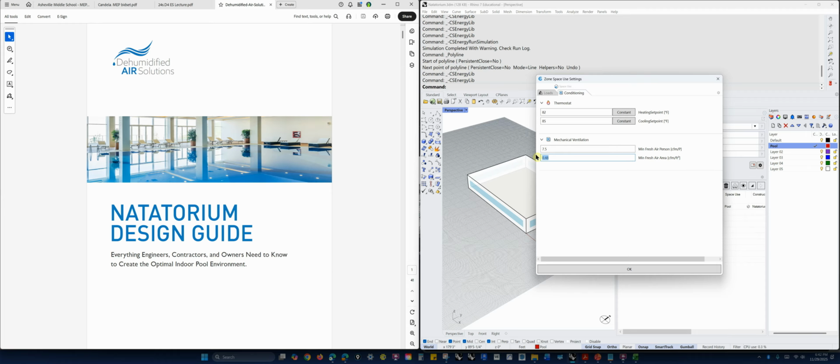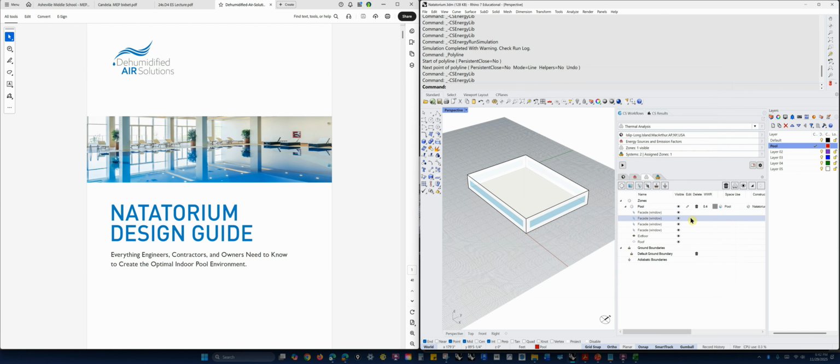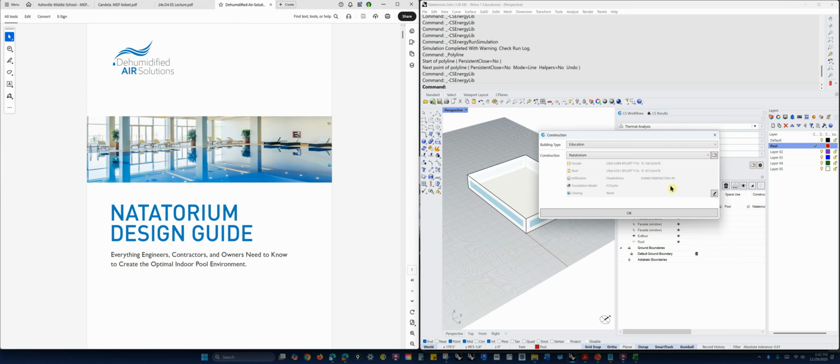So we're going to have a lot more heat loss because of this ventilation that's specific to a pool. So that's another way that we're going to have a difference with this zone. Okay, so that's the space use template.